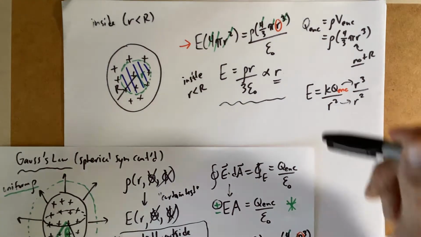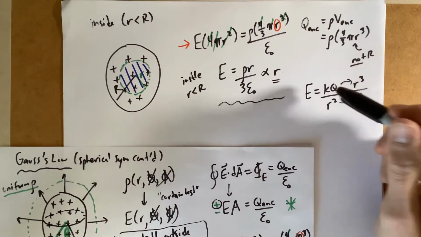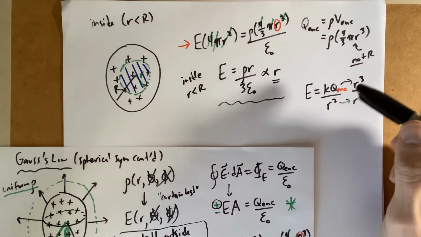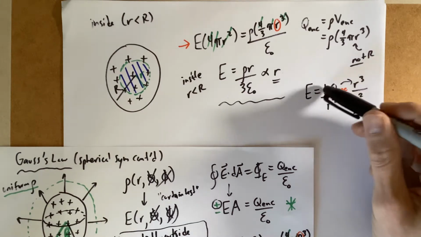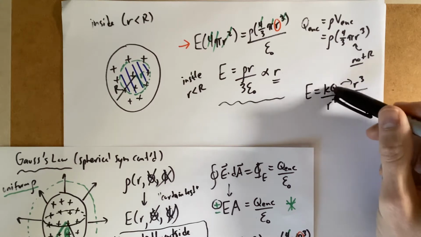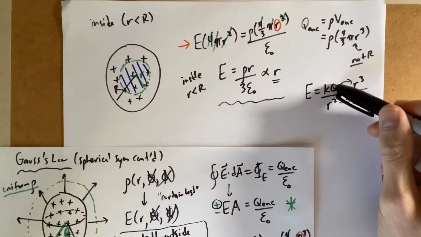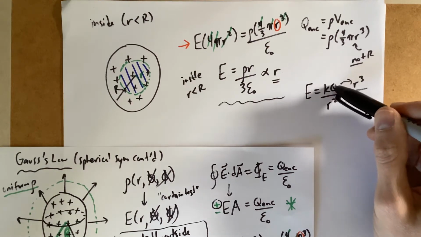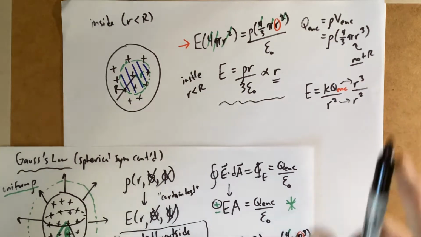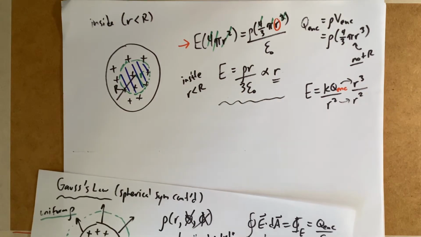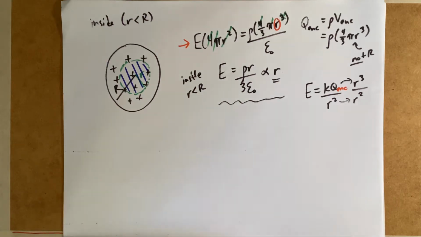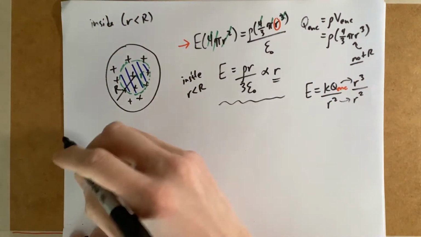So again, if you wanted to work it out from here, you could. You just remember that when you're in spherical symmetry, you're basically using point charge stuff. It's just that now I have to be careful because I can't use the whole q. I only have to use q enclosed, okay? So that right there gives me my electric field for both the inside and the outside.